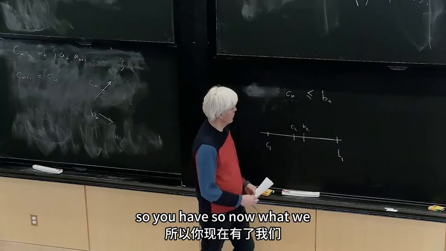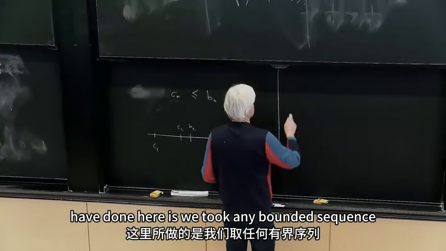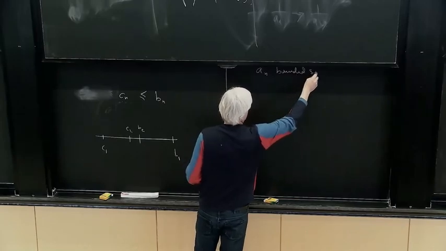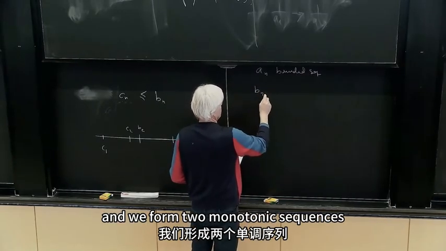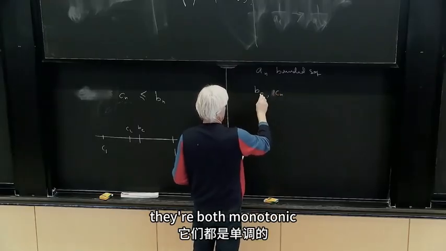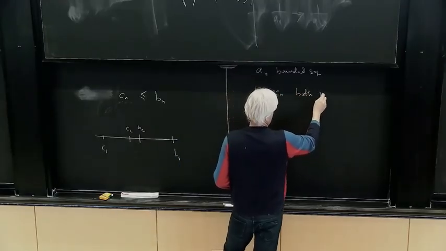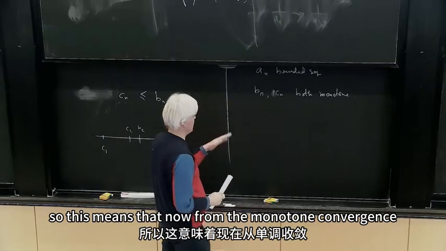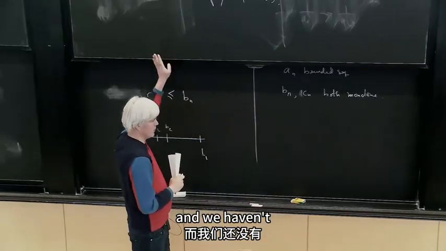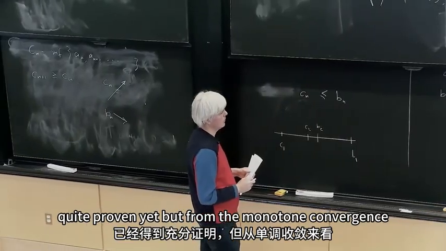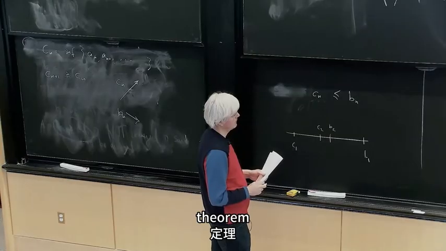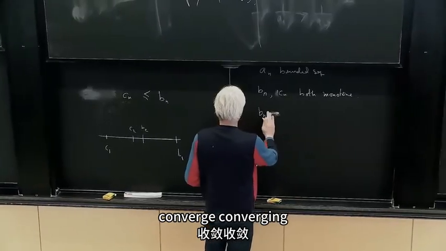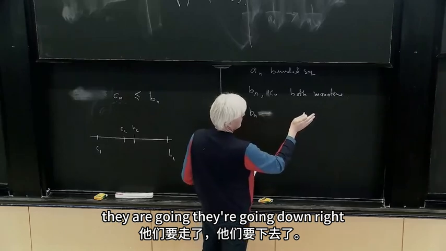Right? So what we have done here is that we took any bounded sequence and we formed two monotone sequences. They are both monotone. And this means that now from the monotone convergence theorem, which we haven't quite proven yet, because these here are bounded, we have that Bn is going down, right?